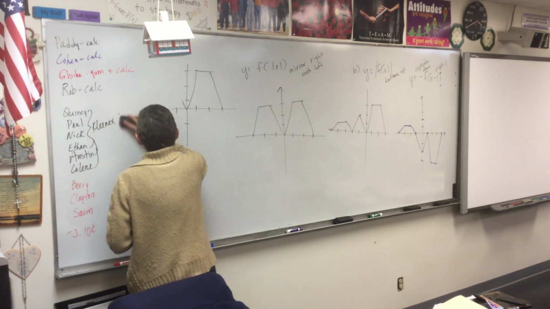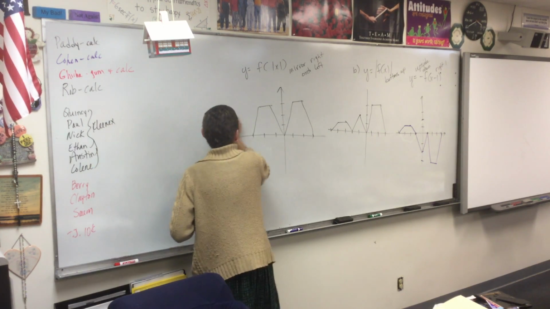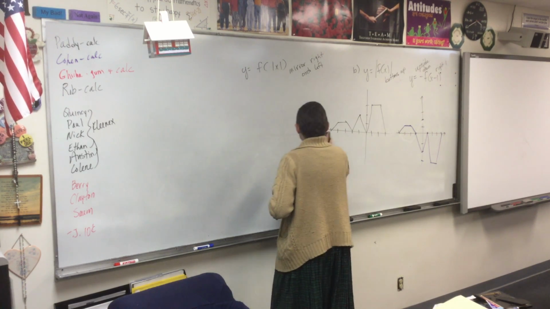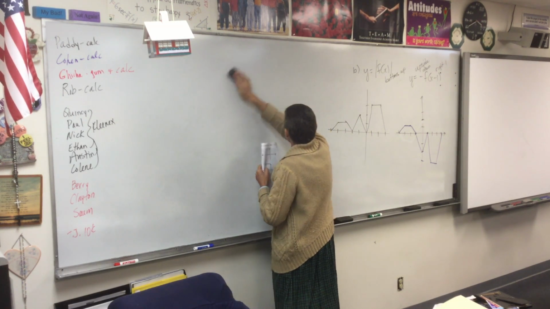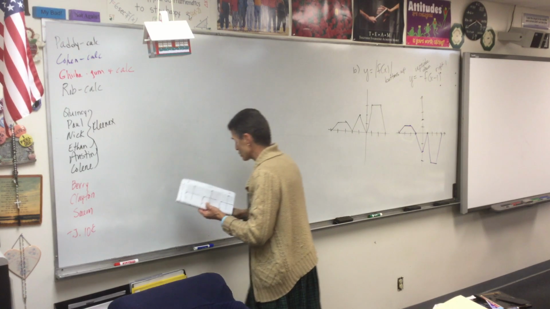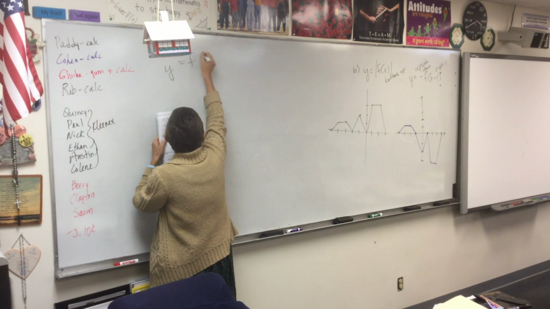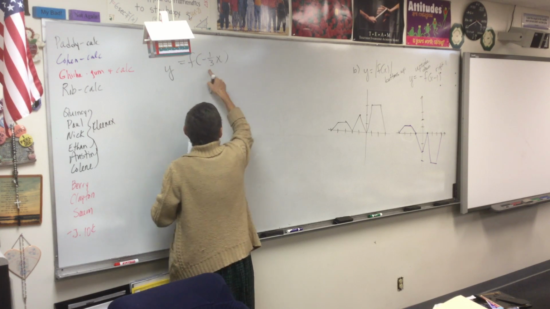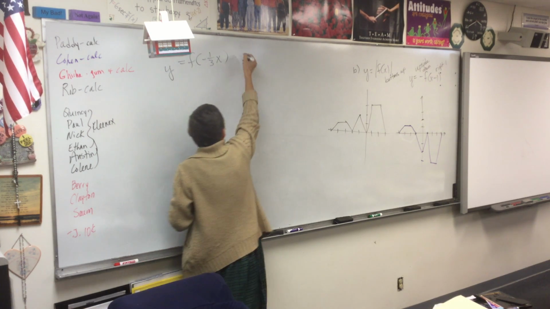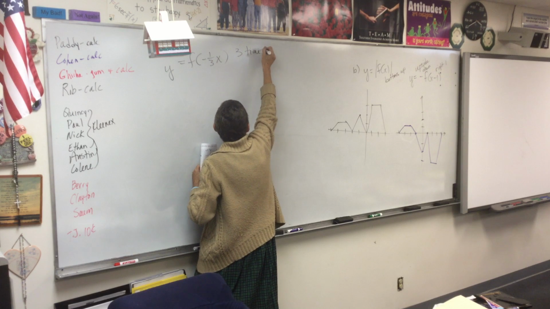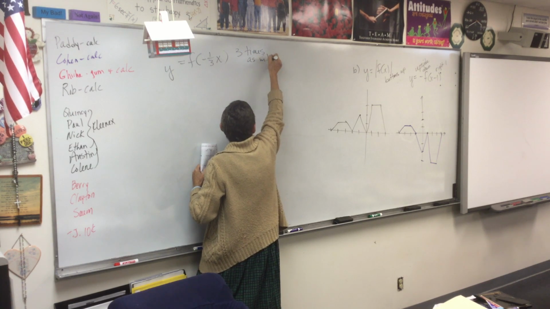All right, I'm making a lot of room for this next one. Why am I making a lot of room? This guy is going to be 3 times as wide as he was before. Because we've hooked this to the X, it does the opposite. So it's 3 times as wide.